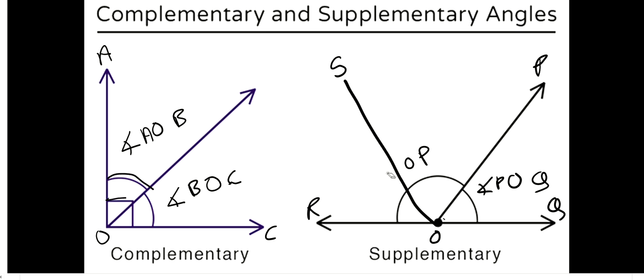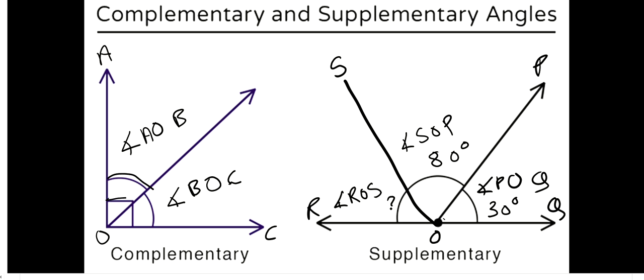Now let's name these. So this middle angle would be SOP and this one would be ROS, SOP, POQ, something like that. Now, you might get questions. For example, this one is 30 degrees and this one is, let's say, 80 degrees.